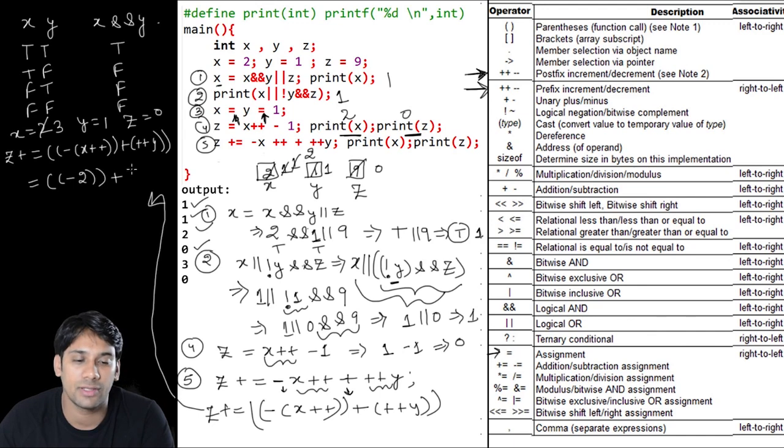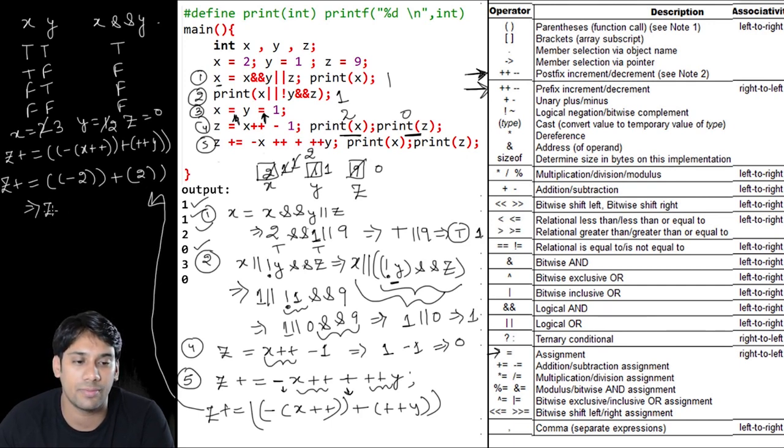Plus, here it is a pre-increment operation. That means first we are going to increment the value of y, then use it. So we increment the value of y from 1 to 2, and then we use 2. Then we have this binary operation, and then this addition assignment statement. So the equation now becomes minus 2 plus 2.